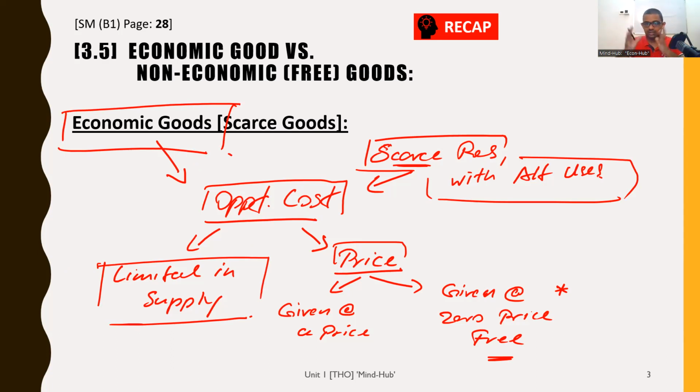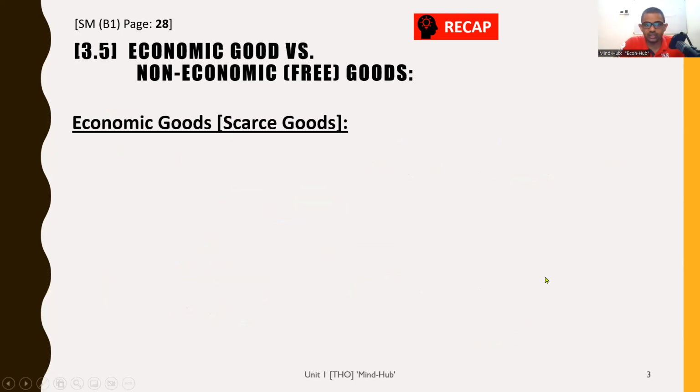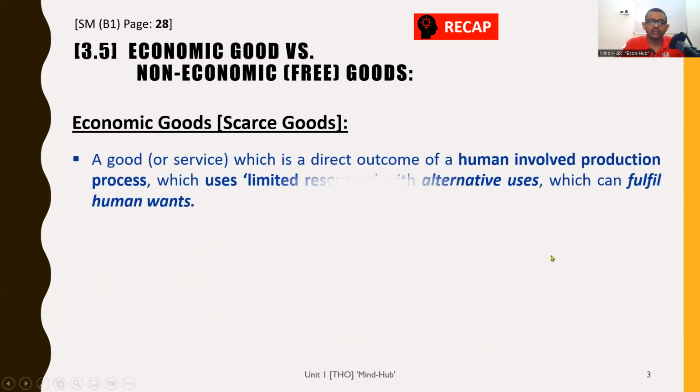Okay, looks messy, but I think the point is clear. So all of you agree that we have written this note. So we say a good or service which is a direct outcome of a human-involved production process which uses limited resources with alternative uses, human-involved production processes there, they are produced, which can fulfill human wants.